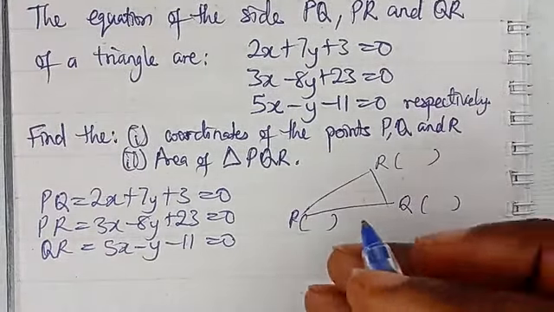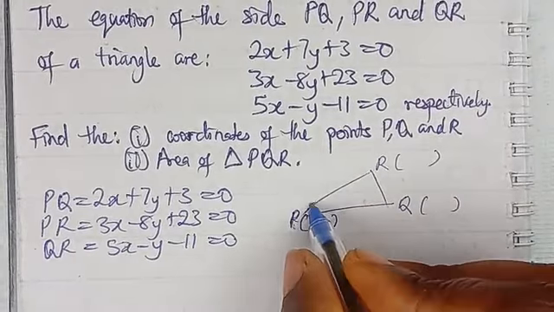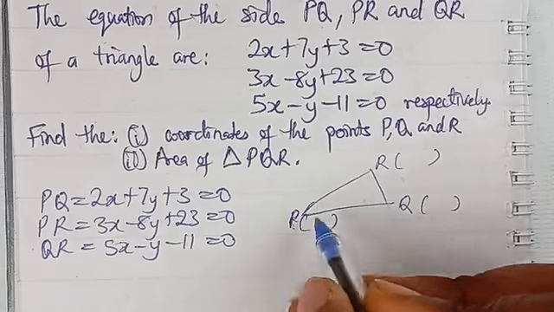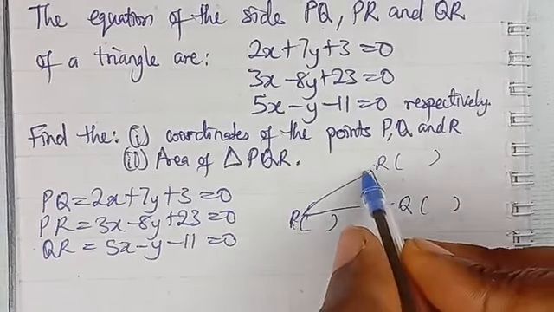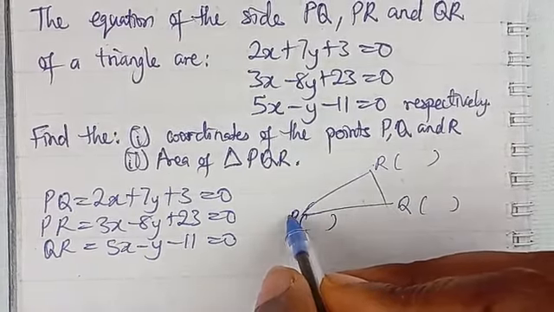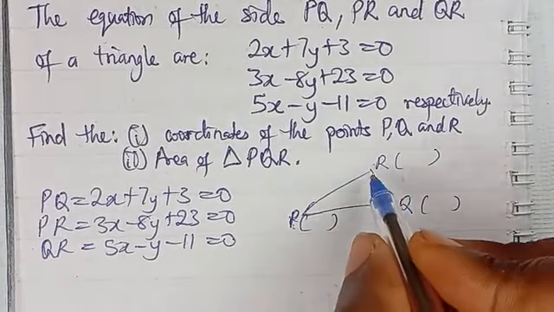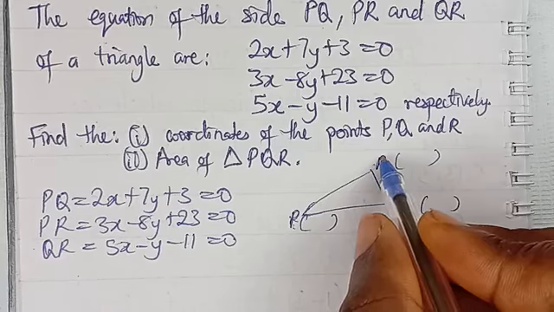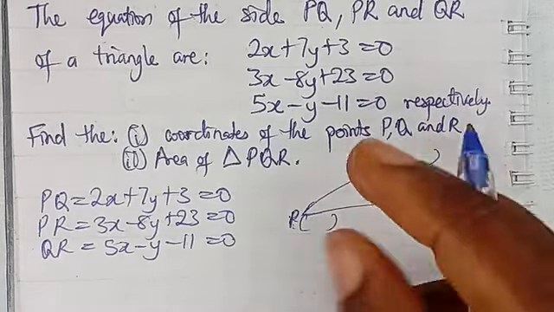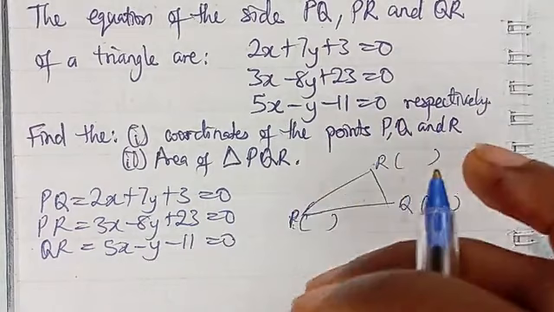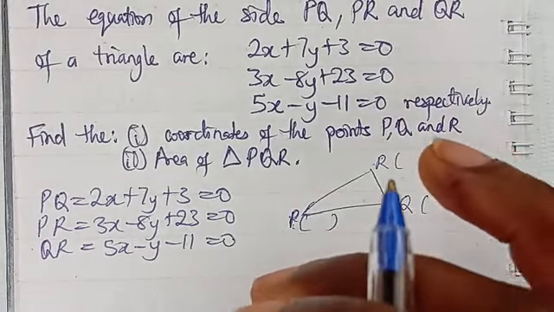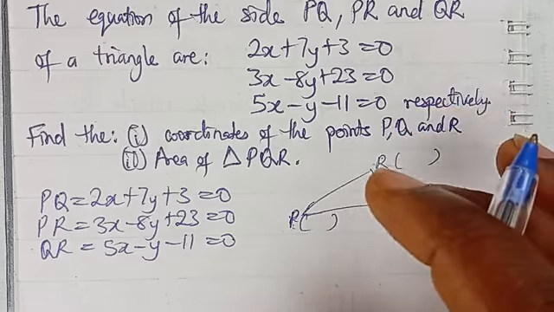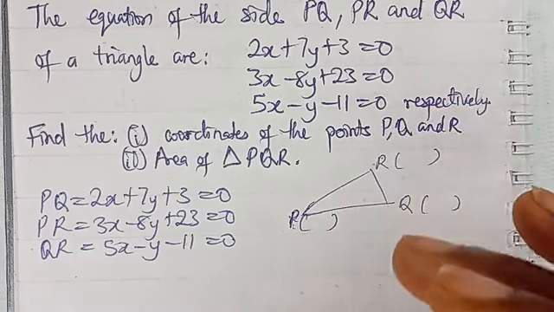So, to find this point P, that means point P is the point where this line and this line intersect. That means when we solve the equations of PR and PQ simultaneously, remember that when we do simultaneous equations, the values of the coordinate points gotten represent where those two lines meet.